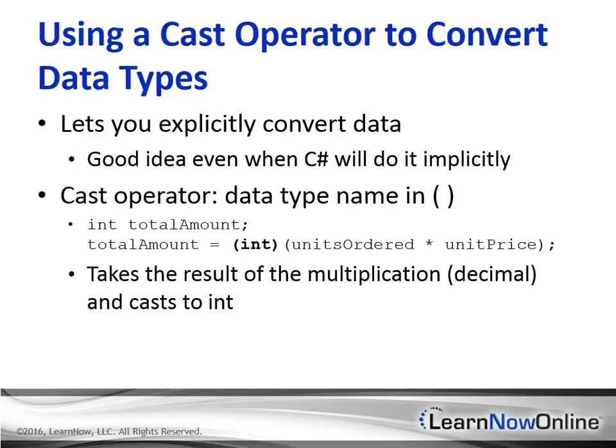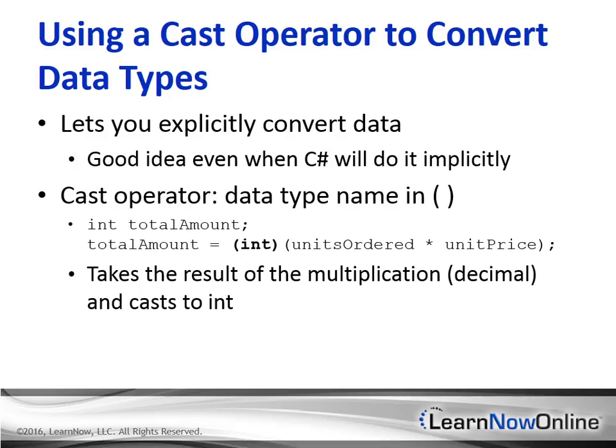The cast operator is acting on the expression that's within parentheses, the units ordered times unit price. So again, as in that first example that I showed you in the code, the compiler is going to convert units ordered to a decimal value, multiply by a decimal unit price, and then take that result and explicitly cast it to an integer. This is a narrowing conversion.